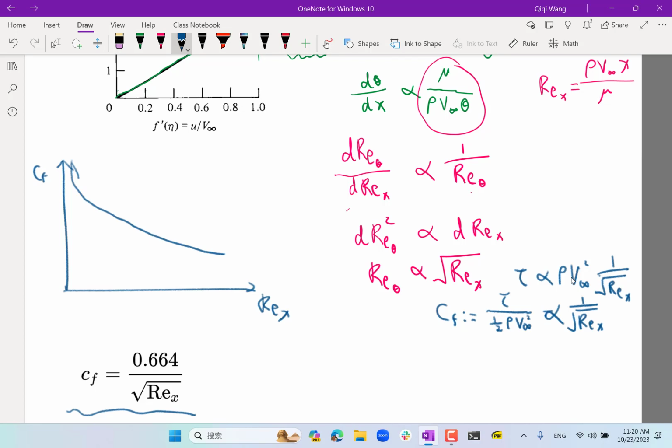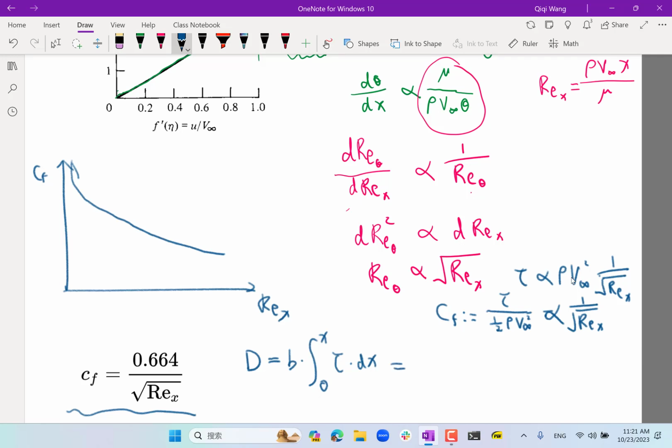Now if the skin friction, and especially the shear stress, goes down like 1 over square root of x, how about the total drag? The drag is, of course, the span times the integral from 0 to x of tau dx.